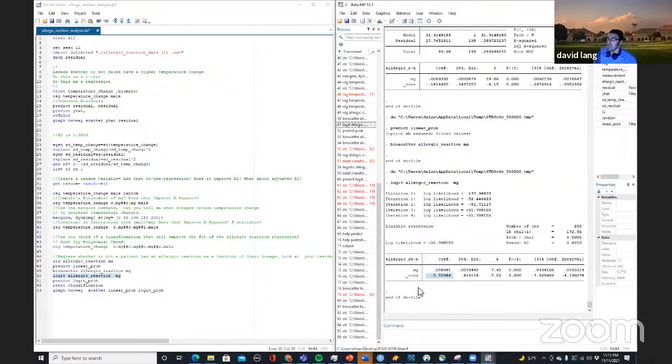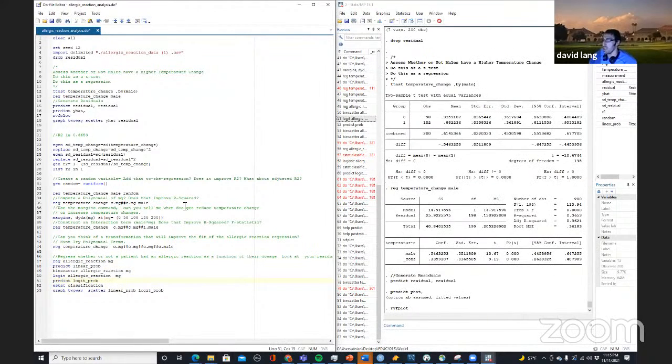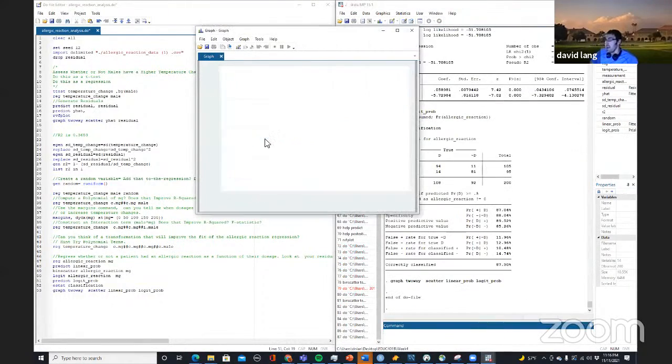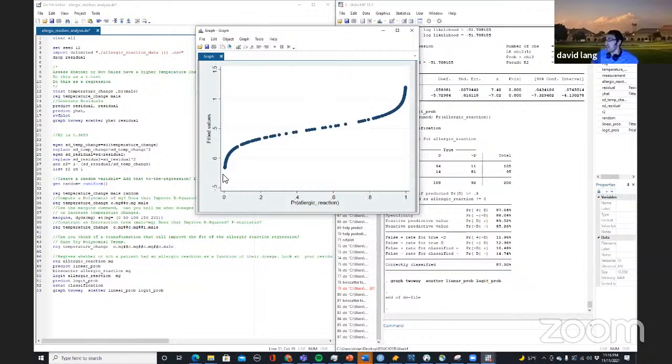But just to give you some evidence of that, we run our logistic regression and we can predict these values using the predict command and generate these probabilities. And what we get is a curve that looks like this.